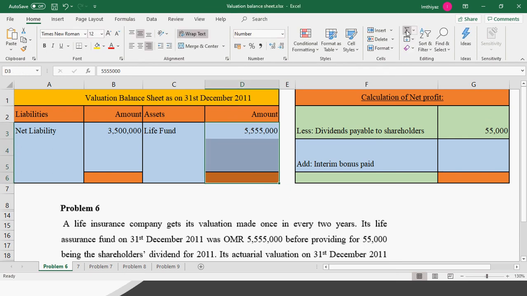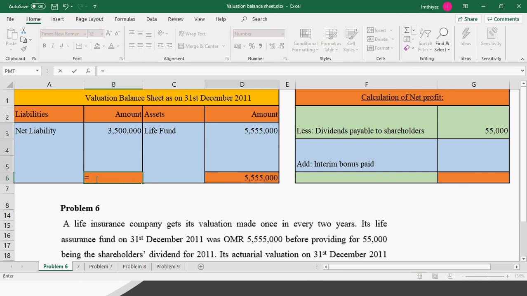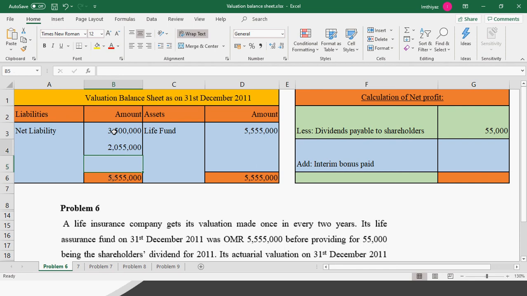So we need to take the total. So the same total needs to be shifted to the liability side in order to determine the surplus. So we calculate the surplus after reducing net liability, which comes to 2,055,000.